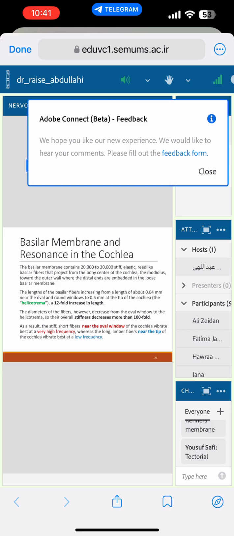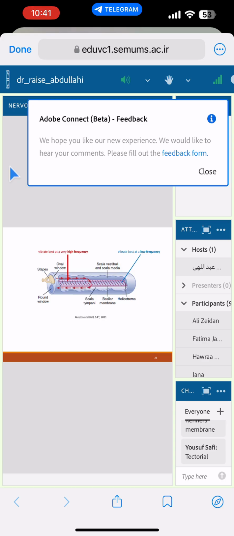The stiff, short fibers near the oval window vibrate best at high frequency, whereas the long, limber fibers near the tip of the cochlea, near the helicotrema, vibrate best at low frequency.